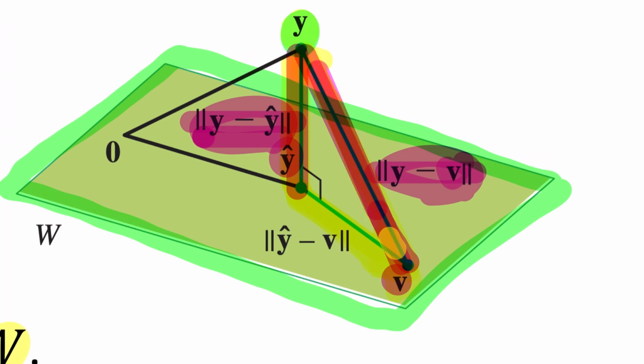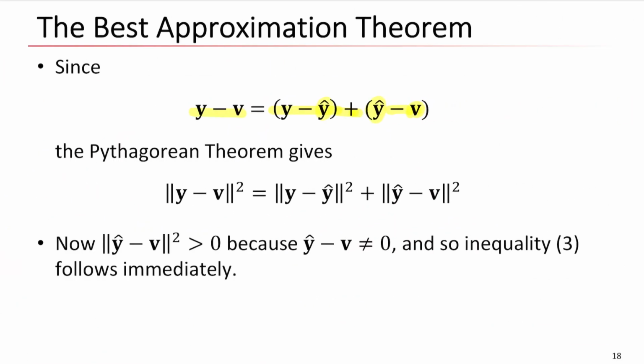Y minus V is Y hat minus V plus Y minus Y hat, right? Because this is the triangle, we can generate this.